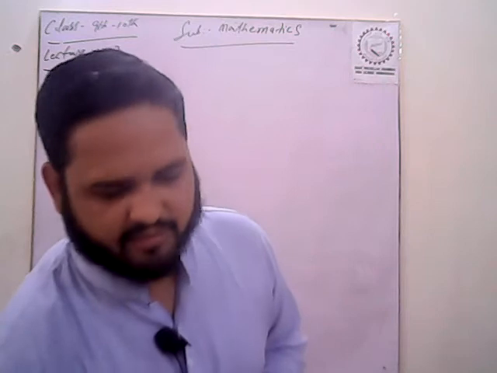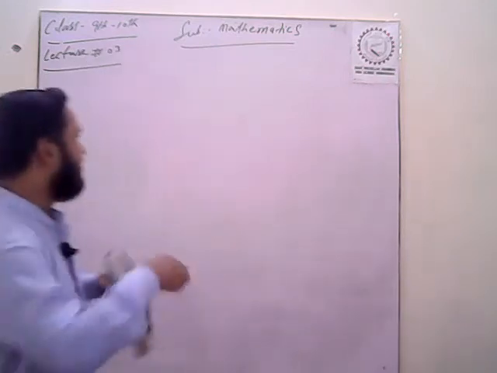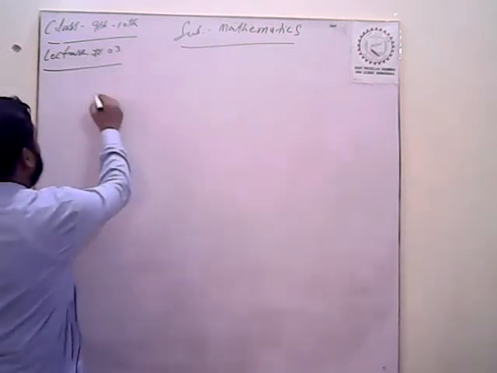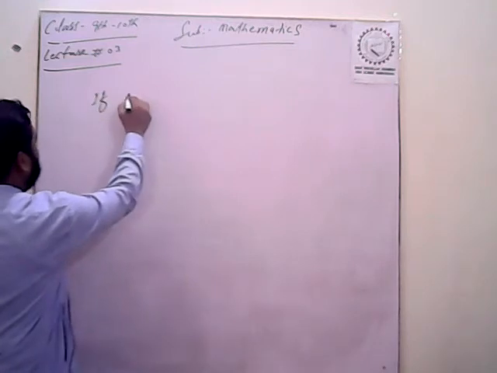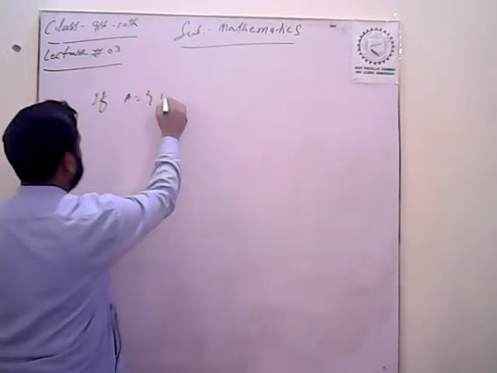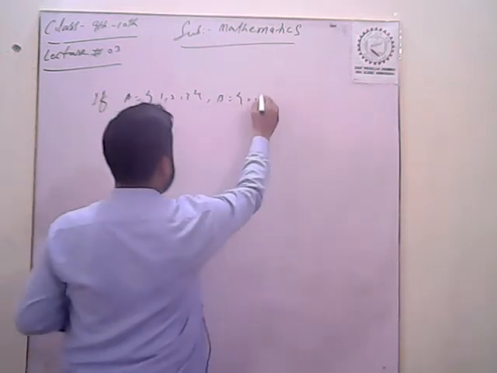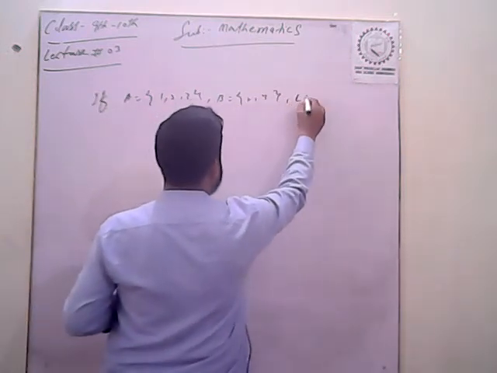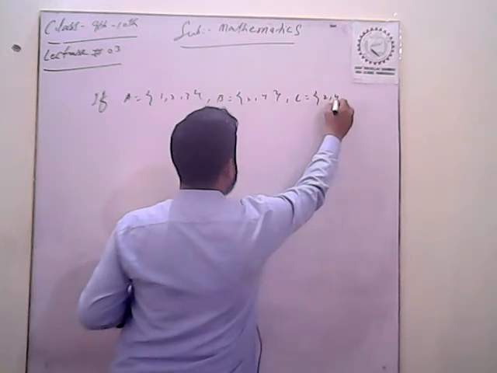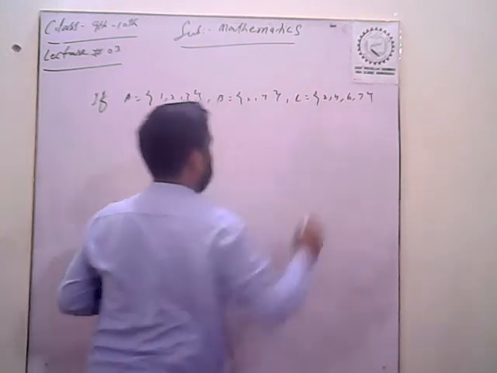For example, if A is equal to {1, 2, 3}, B is equal to {2, 4} and C is equal to {2, 4, 6, 7}.